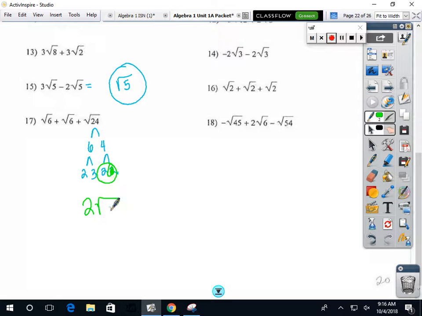So what do we have inside the house? 6. So now look, we've got square root of 6 plus square root of 6 plus 2 square roots of 6. Now all 3 of them are square root of 6. They all have like terms. How many square roots of 6 are sitting there? 4, right. Because both of these have an understood 1. 1 plus 1 plus 2 is 4.